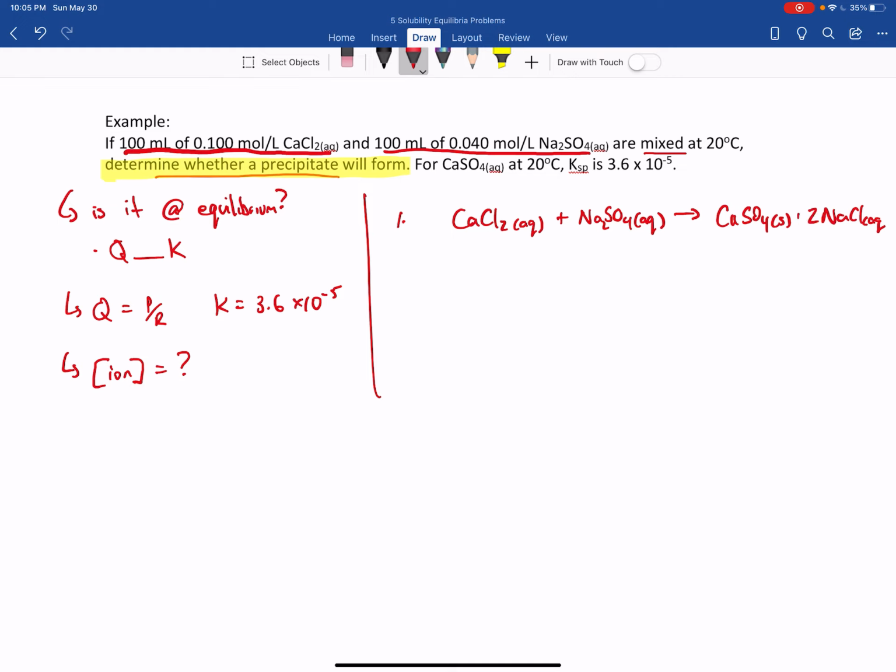If we balance it, there should be a 2 in front of it. Now, because we're looking at the precipitate and whether it's going to form, which is describing equilibrium, we need to write a second equation. If that forms, it will dissolve into its ions, calcium and sulfate.